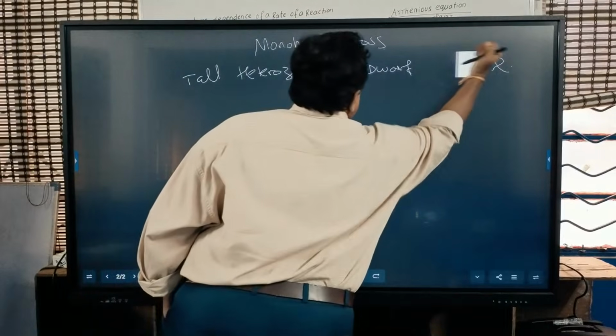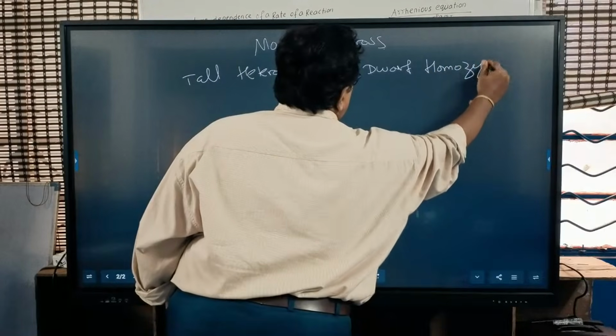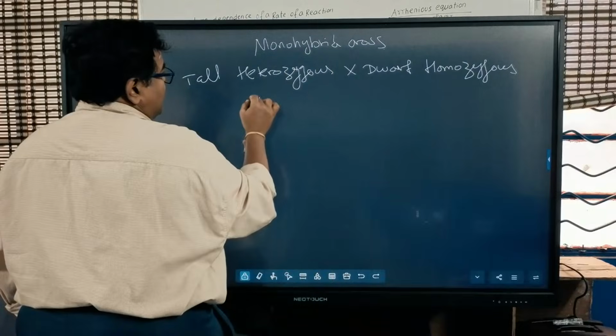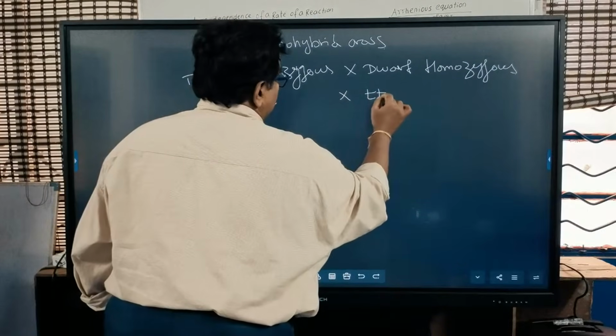Take the dwarf as homozygous, and the tall as heterozygous. So capital T, small t, and then you cross with the dwarf, small t, small t.